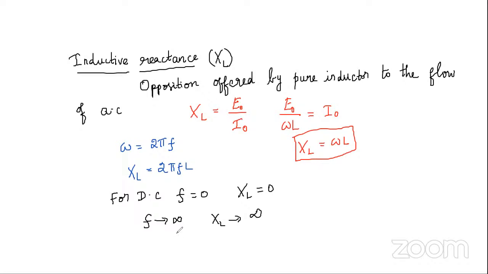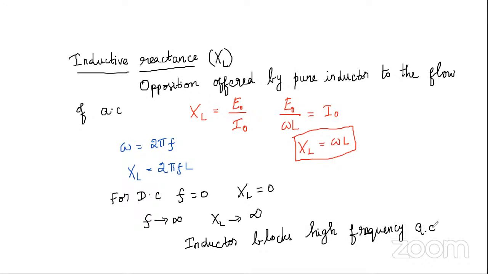So this means inductor blocks high frequency AC. This is the meaning of this equation. F tends to infinity means XL also tends to infinity. XL means inductive reactance, and inductive reactance tends to infinity.